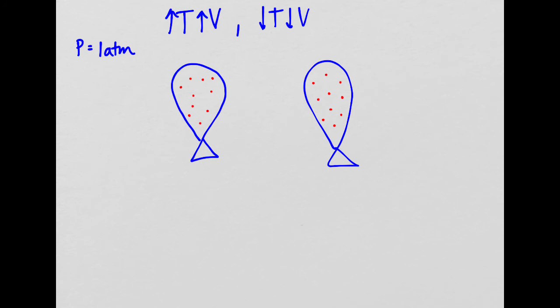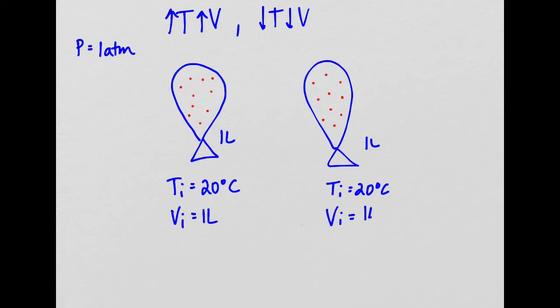So we're going to start with a 1 liter balloon on each side here, both at an initial temperature of 20 degrees Celsius. The initial volume is 1 liter on each side.